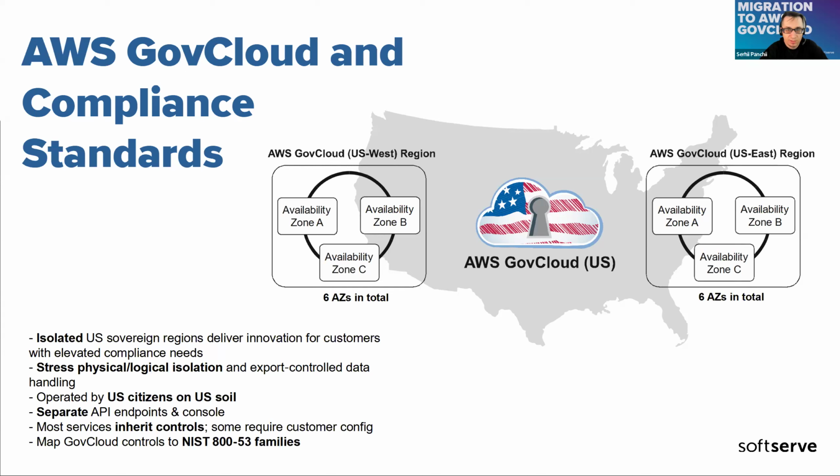Only US citizens can manage resources, and operations occur only on US soil. It uses separate endpoints and IAM partitions. Many services inherit security controls, but customers must configure several controls manually. AWS GovCloud is not just another region, it's its own partition with its own rules.